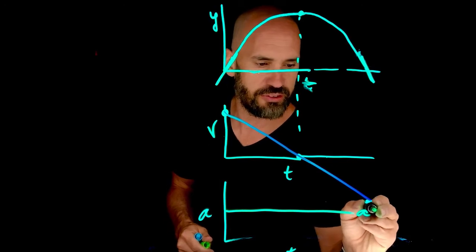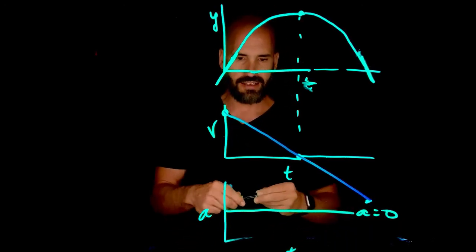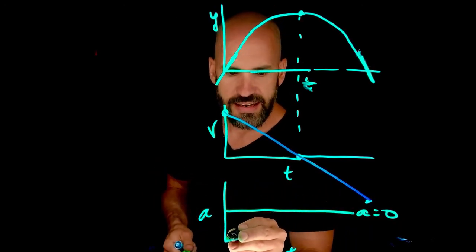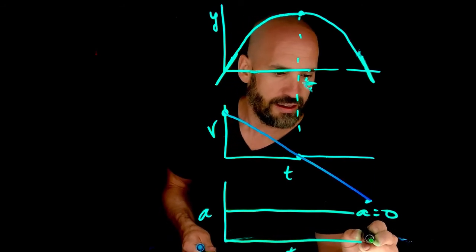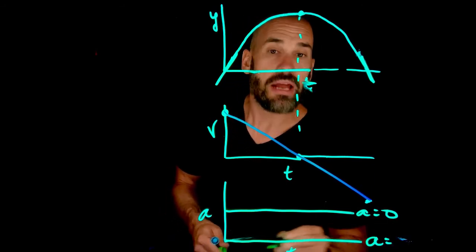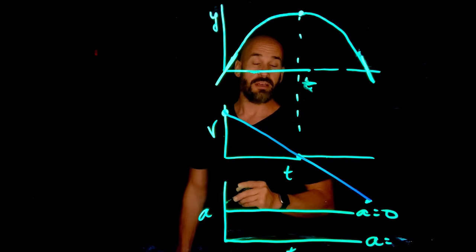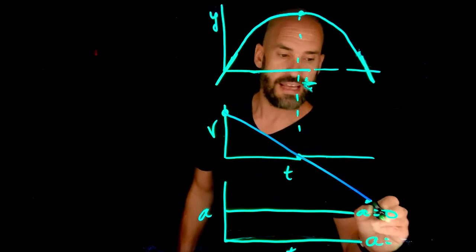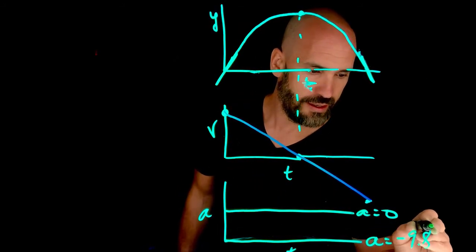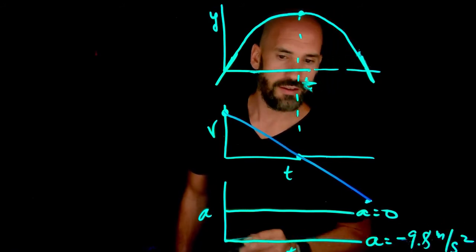So if this is a equals 0, our line is actually some negative value over here. Many of you will know that acceleration to be gravity, which is negative 9.8 meters per second squared, okay?